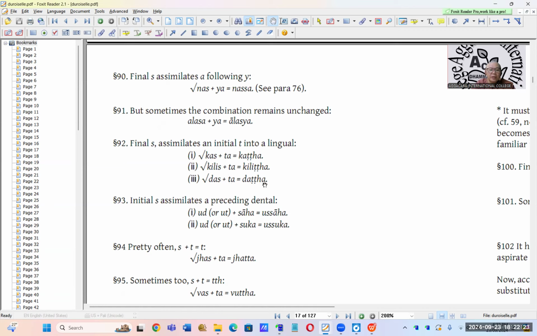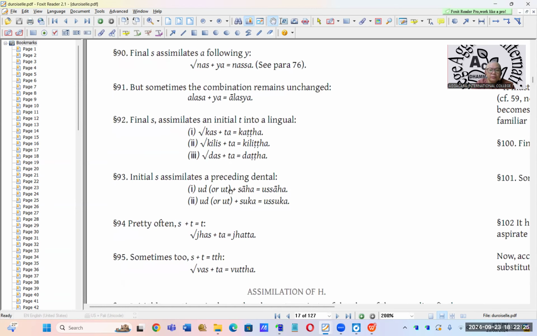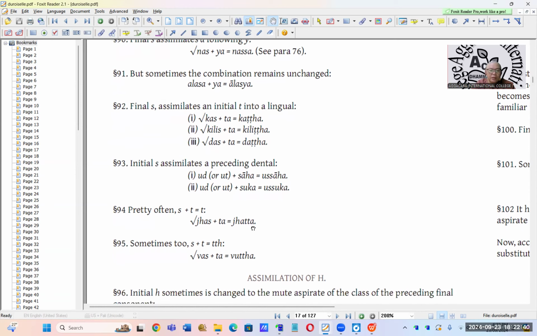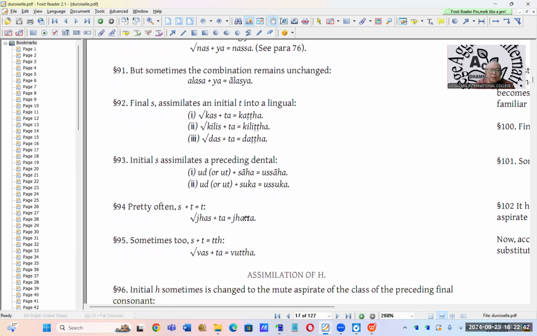Now ud here is a prefix. Normally the D in the prefix follows the later word. Here I can see another one, S and T become TTH.